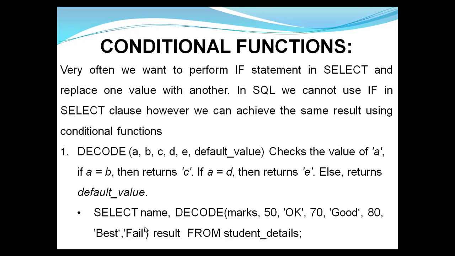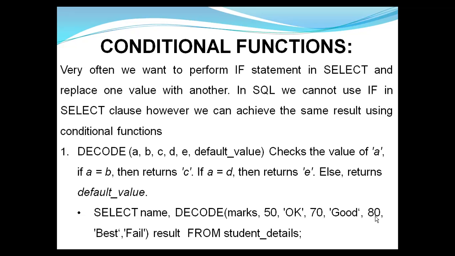See the example here. Select name, where name is a column. Decode, then in brackets we have given certain values: marks, 50, okay, 70, good, 80, best, fail. So what are we comparing here? We are comparing the marks. Marks are compared with 50. If they match, return okay. If it does not match 50, it will compare with 70. If it matches, return good.